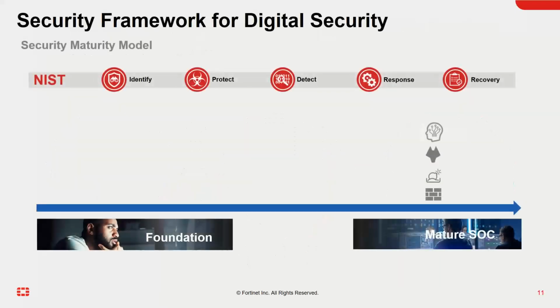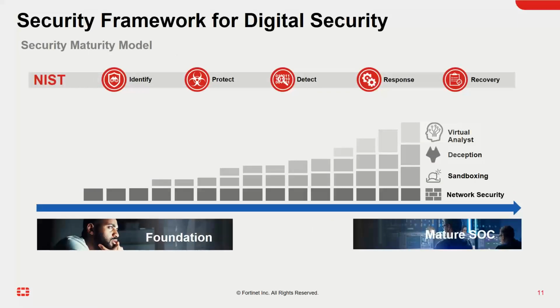So let's take a look at a framework. I think it's important to adopt a strategy or a security framework to help us think about maturity as we start from the foundation and move towards something more robust. The NIST cybersecurity framework gives us a way to break that down. From identification to recovery, it really moves us into a domain of thinking about continuous trust, continuous visibility, and a way to interpret what's going on.